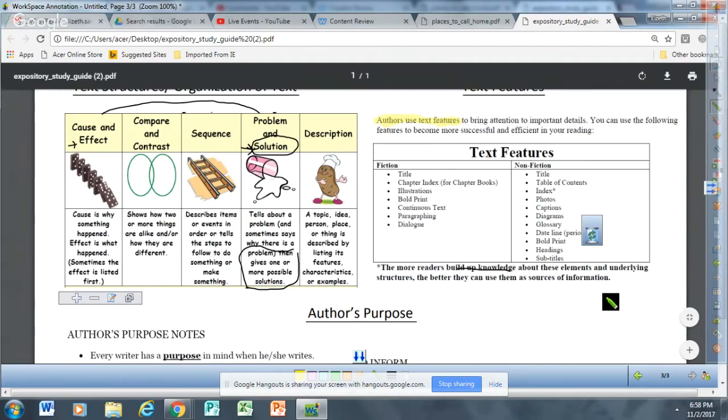And so you're going to encounter a lot of questions that say, why did the author put this feature on here? Why did the author put this graph on here? What was its purpose? All of those things are what we're going to need to do. Okay, so let's go ahead and continue on down to the next part of the study guide.